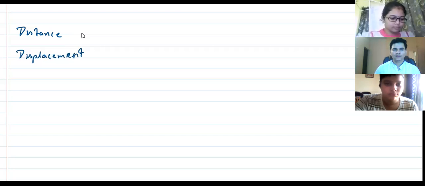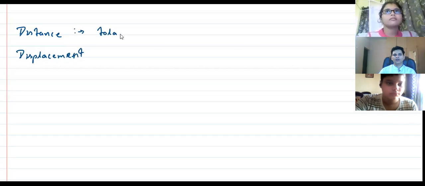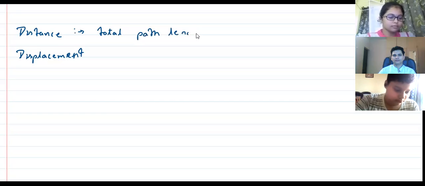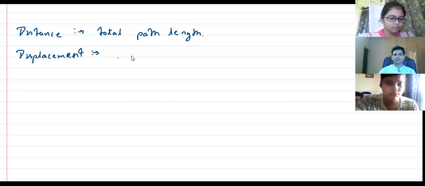So what is distance? It is the total path covered by an object, the total path length. And what is displacement? The shortest path length.